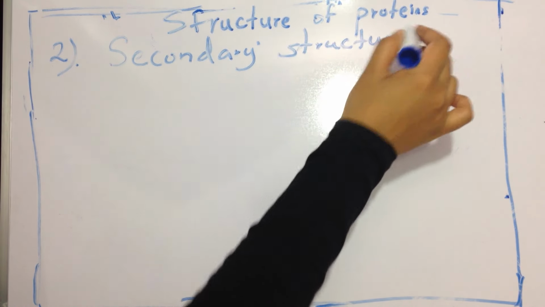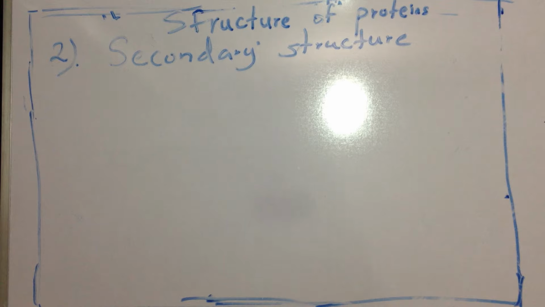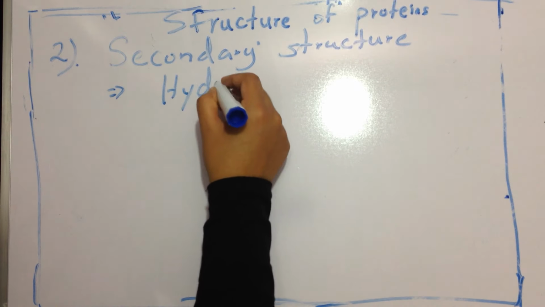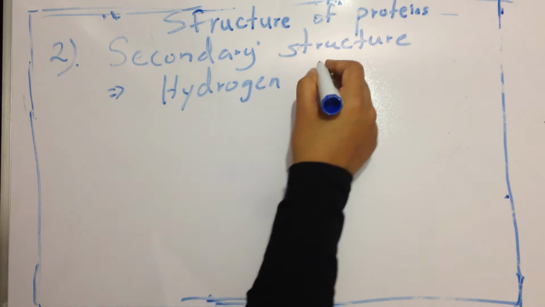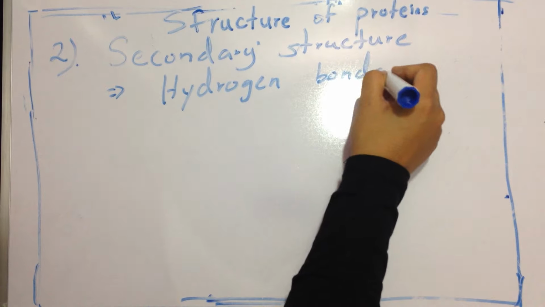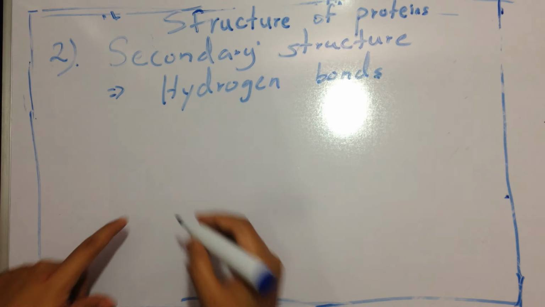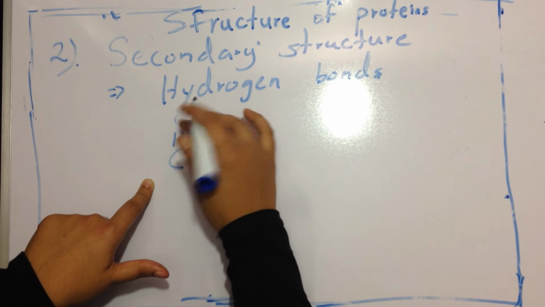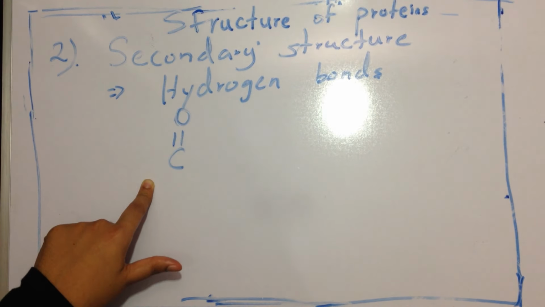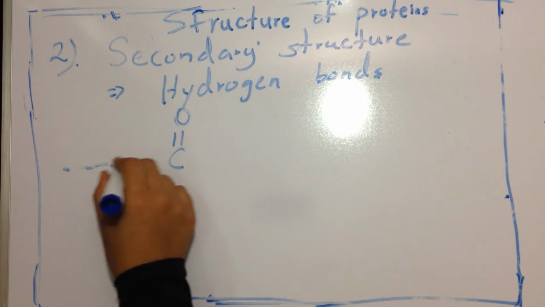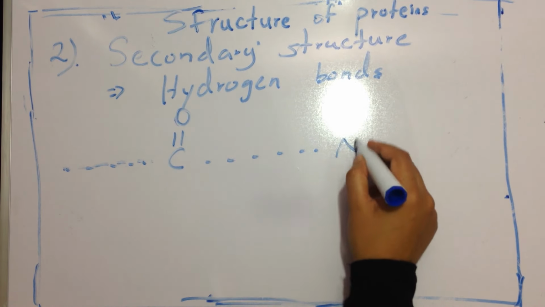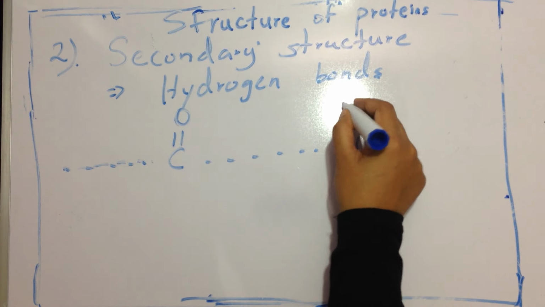So the secondary structure is formed by the hydrogen bonds formed between, if we think of an amino acid, they have CO of the acid group, and they also have NH groups.